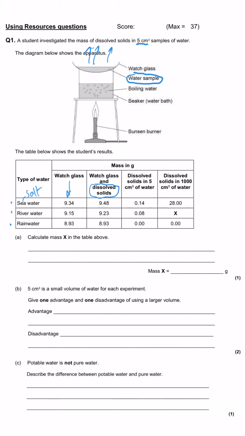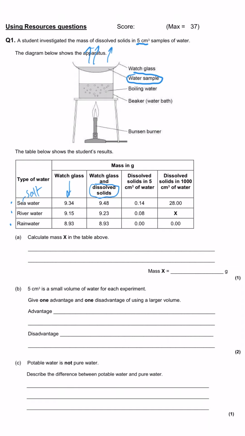You can see that these are always larger values. And then we've got the dissolved solids in 5 cm cubed of water. What they've done is they've taken the 9.48 that you can see here, and they've subtracted the 9.34 away from that, and that's left us with 0.14 grams of dissolved solids in the sample of water that was on the watch glass at the top.